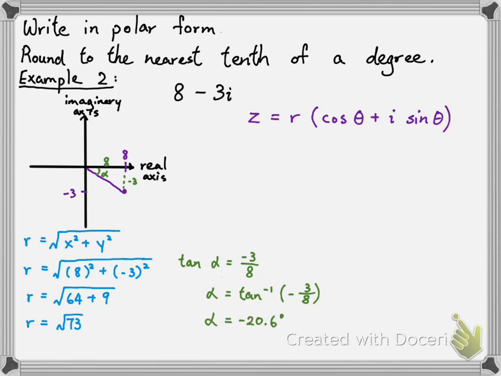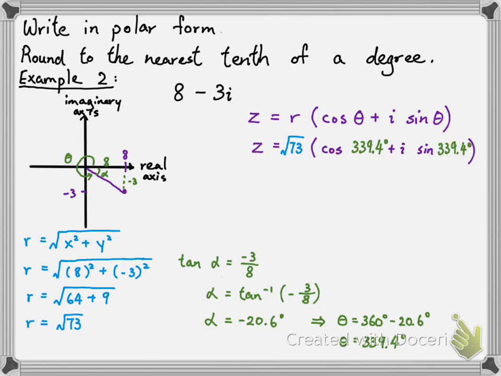So now alpha equals -20.6 degrees. To find theta, we could have 360 degrees minus 20.6 degrees equals 339.4 degrees. Substitute r by square root of 73 and theta by 339.4 degrees.